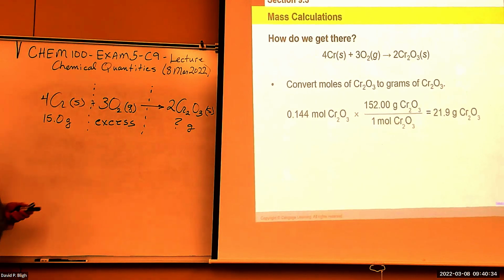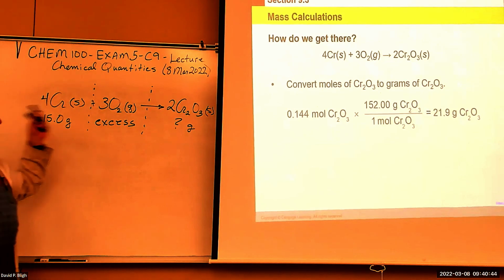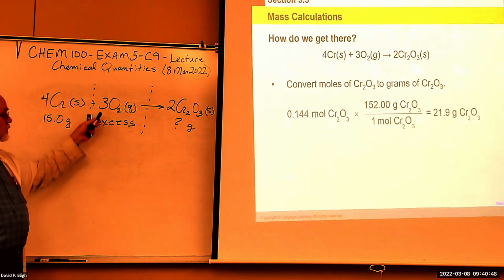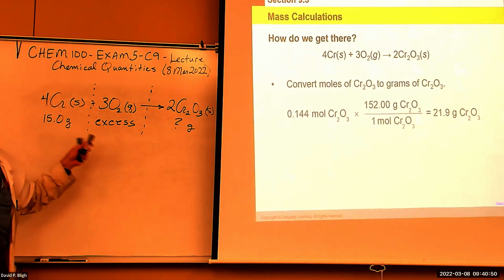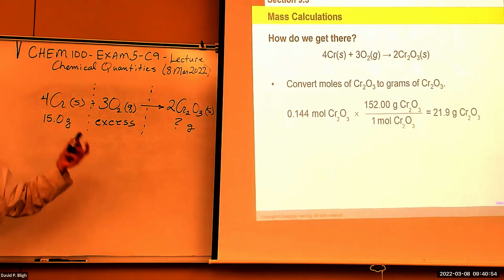One thing that I didn't show you was, we know how many moles of chromium are involved, how many moles that represents. We can also find out how many moles of oxygen it actually consumes. We just use that ratio, 3 to 4, and find out how much oxygen is required. Convert it to mass.